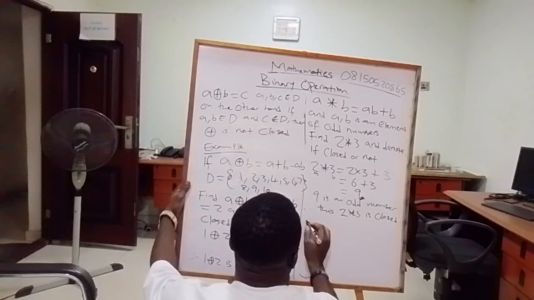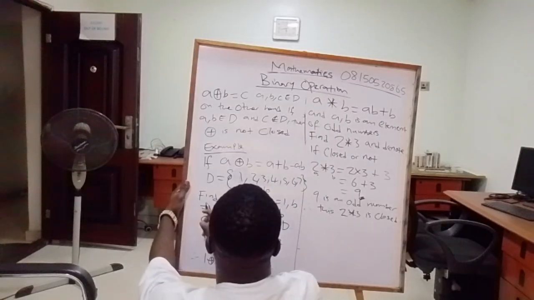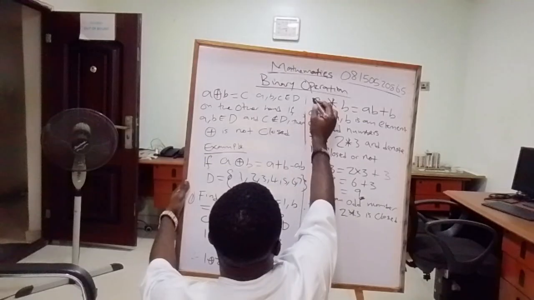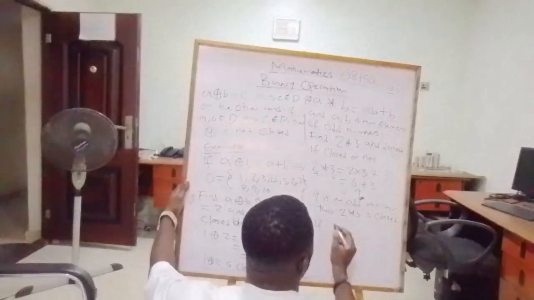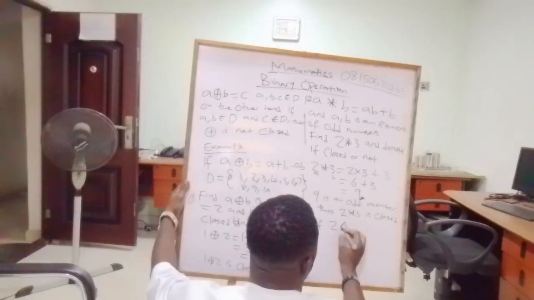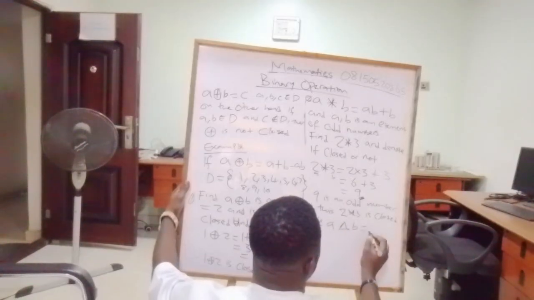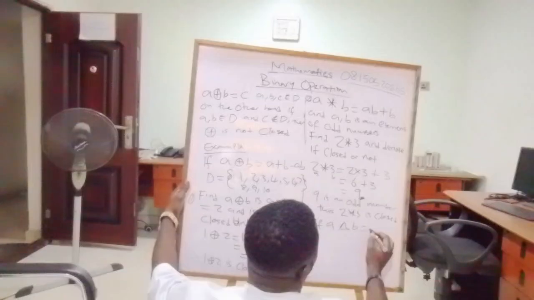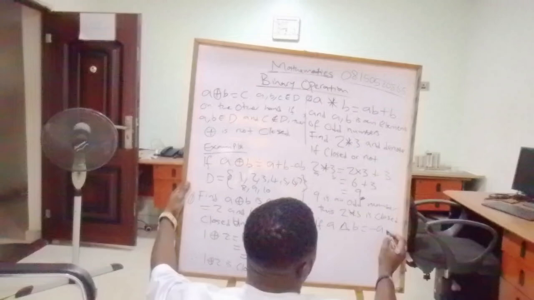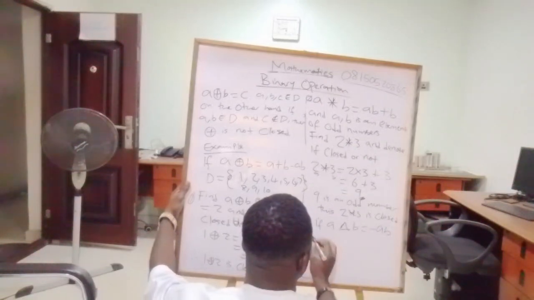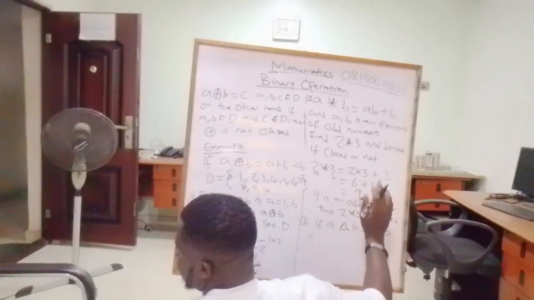If a operation b is equal to minus ab, let's say a, b is a real number.